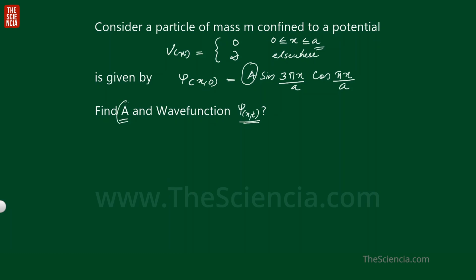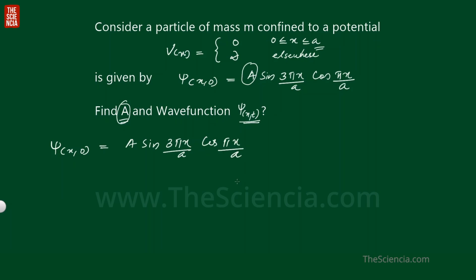First you have to normalize this wave function. I already told you, only after normalization can the mathematical expression of the wave function really represent the physical condition of the particle. Okay, so here the wave function is given at time t equal to 0, that is psi of x is equal to a sine 3 pi x by a into cos pi x by a.